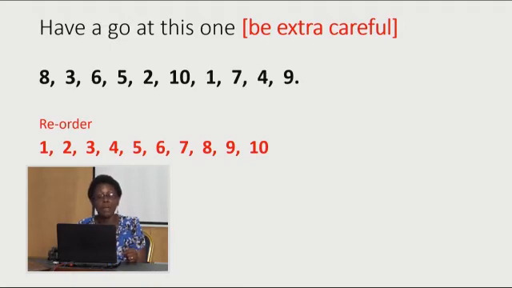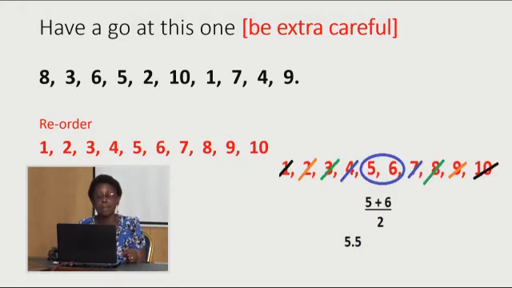Now, some of you may pick it straight away, but some of you would need to cross out. When we cross out from the smallest and the largest, going both ways, you end up with two numbers in the middle. Straight away you can pick up what is the halfway.